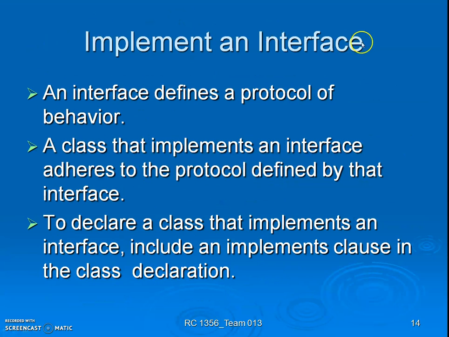So how do we implement an interface? An interface defines a protocol of behavior. A class that implements an interface adheres to the protocol defined by that interface. To declare a class that implements an interface, include an implements clause in the class declaration.